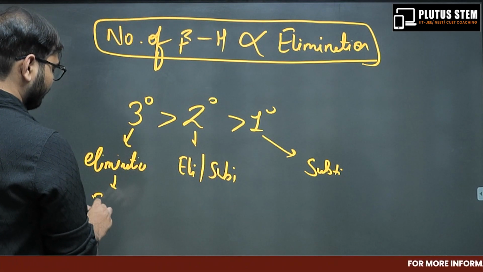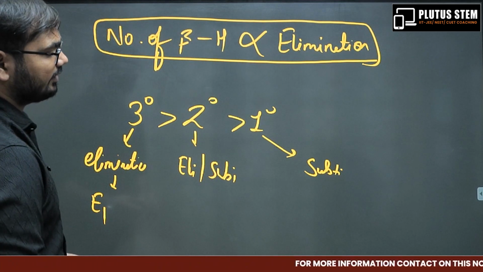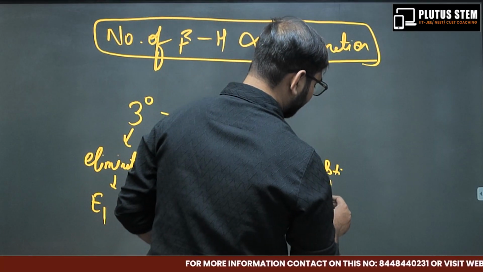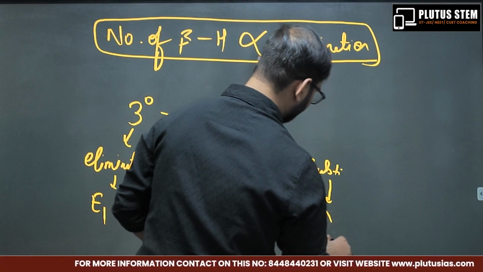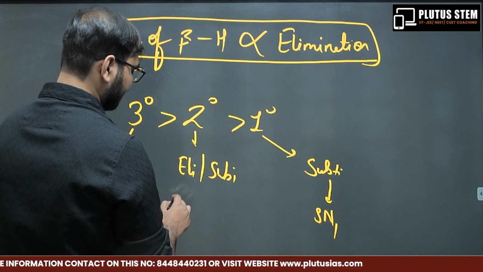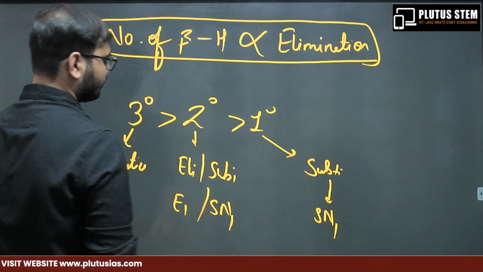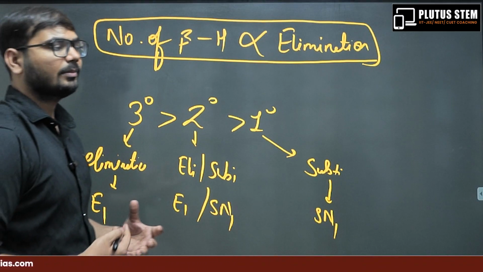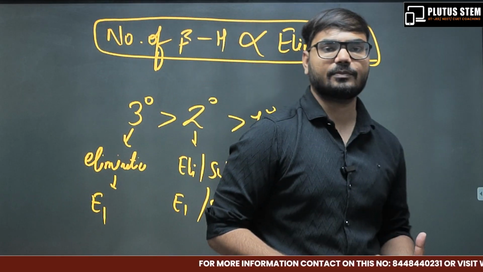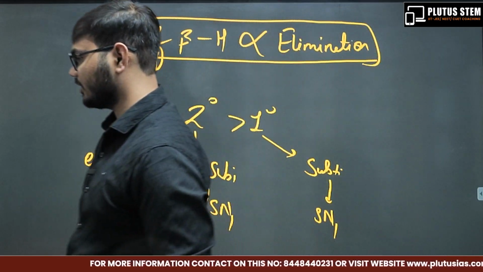So for tertiary alkyl halides, E1 is always preferred over SN1. For secondary, based on the conditions, either SN1 or E1 can occur simultaneously, so the product proportions do not vary much and will be very closely associated.